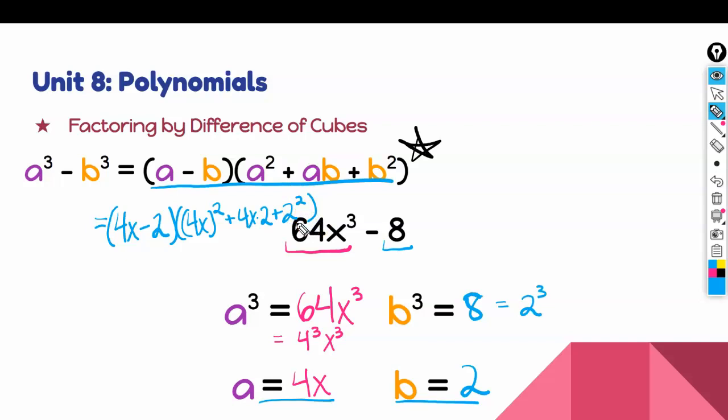Hey, that's a lot of the points right there. If you're able to figure out what a and b is and just plug it straight into that formula like that, I love it. Love to see it, because this is a free response question.